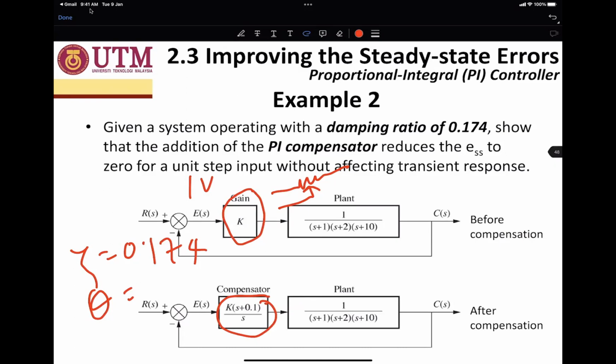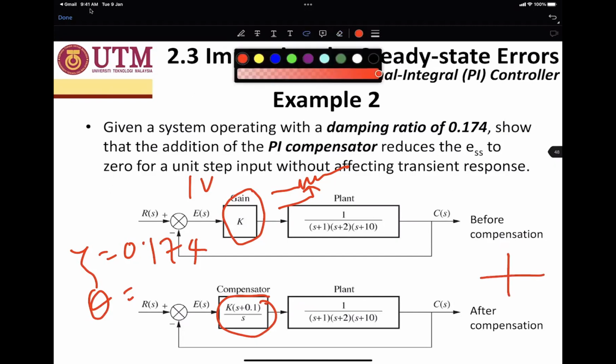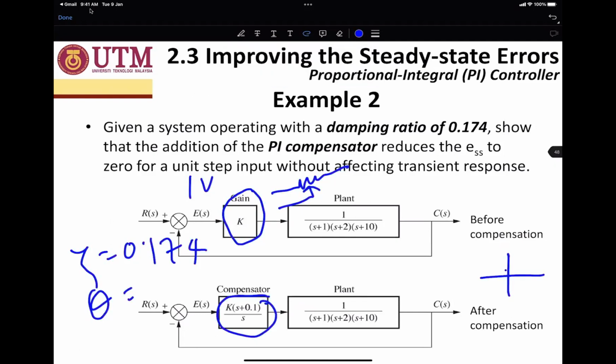You can see the locations of the 0.1 and 0 will be over here and over here, which is very near to each other. When they are near to each other, it seems that they can cancel each other.